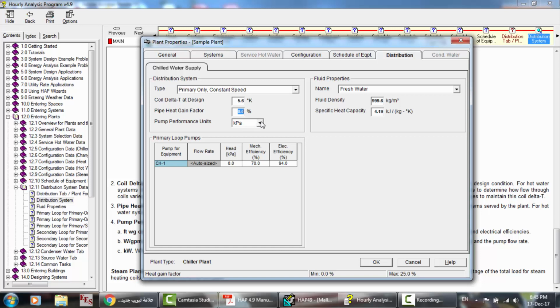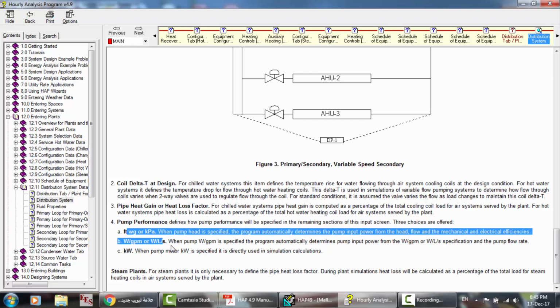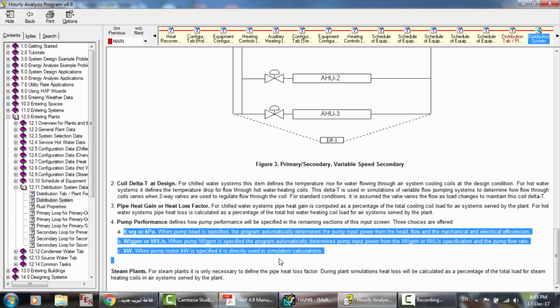And for pump performance units, you can use kilopascal, kilowatt, or watt per liter per second. So here also you can change the units. When pump head is specified, the program automatically determines the pump input power from the head, flow, and mechanical and electrical efficiencies, if you use kilopascal.